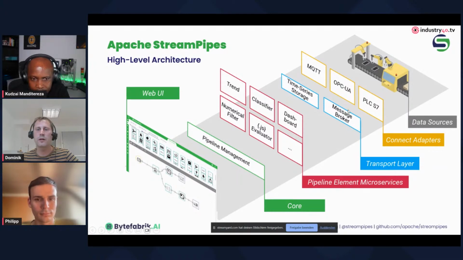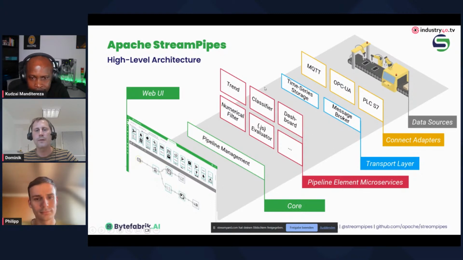The message broker is the main channel for communication between data on the one hand and algorithms on the other hand. And Streampipes supports several message brokers. So at installation time, you can choose between Kafka, NATS, or MQTT. So that messaging layer is quite exchangeable.